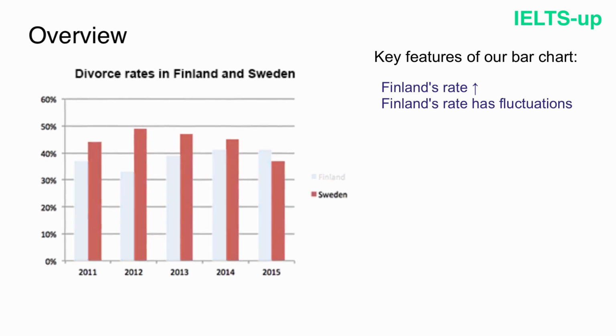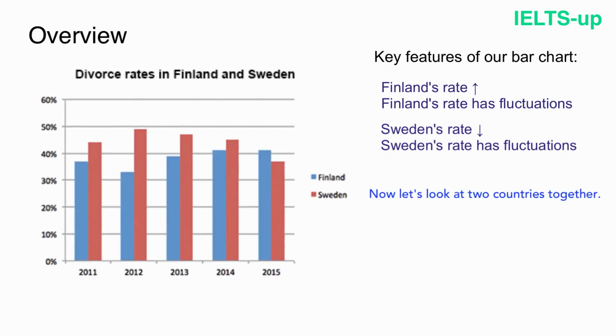Also, we have Sweden in red. We can see that Sweden's rate goes down throughout the period and also shows some fluctuations. Let's write this information to our list of key features. Now let's look at 2 countries together. How do their rates compare during this time period?